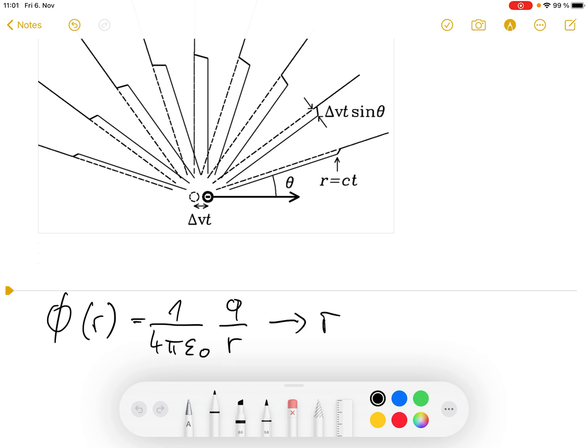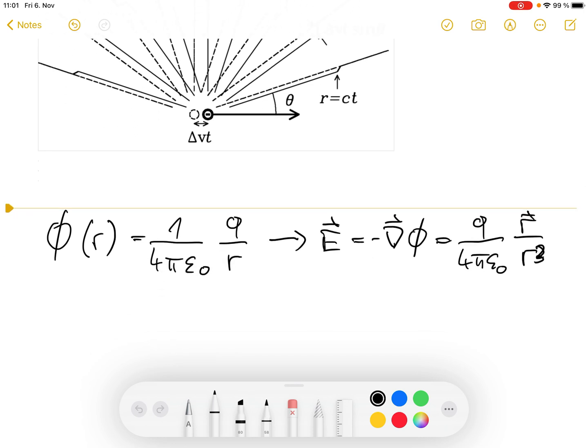That leads to an electric field which is given by the negative gradient, and we can insert it: it's q over 4 pi epsilon 0 times the radius vector divided by r cubed, so the field falls with r squared.